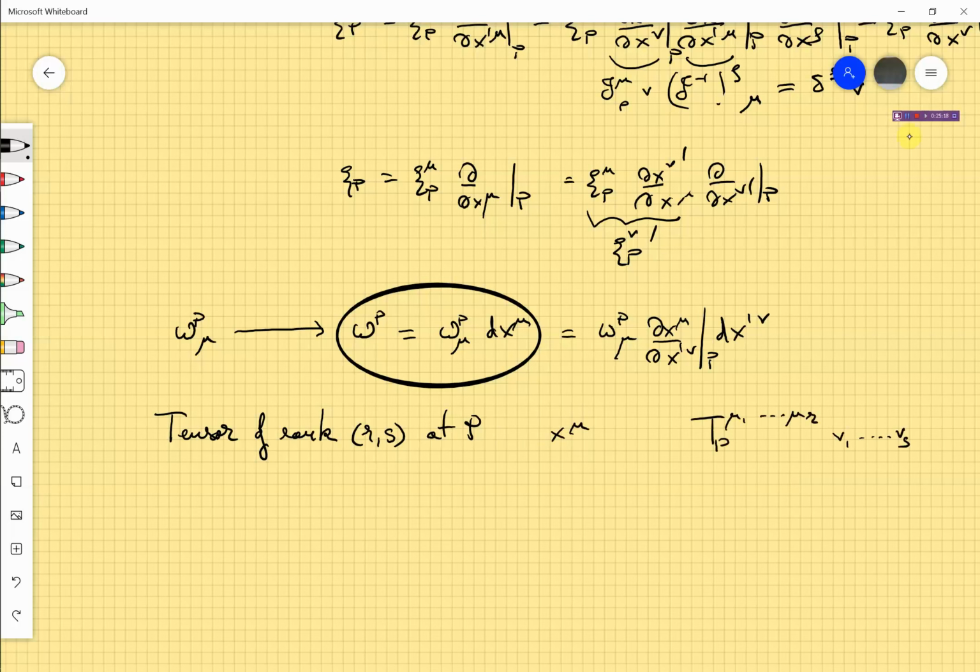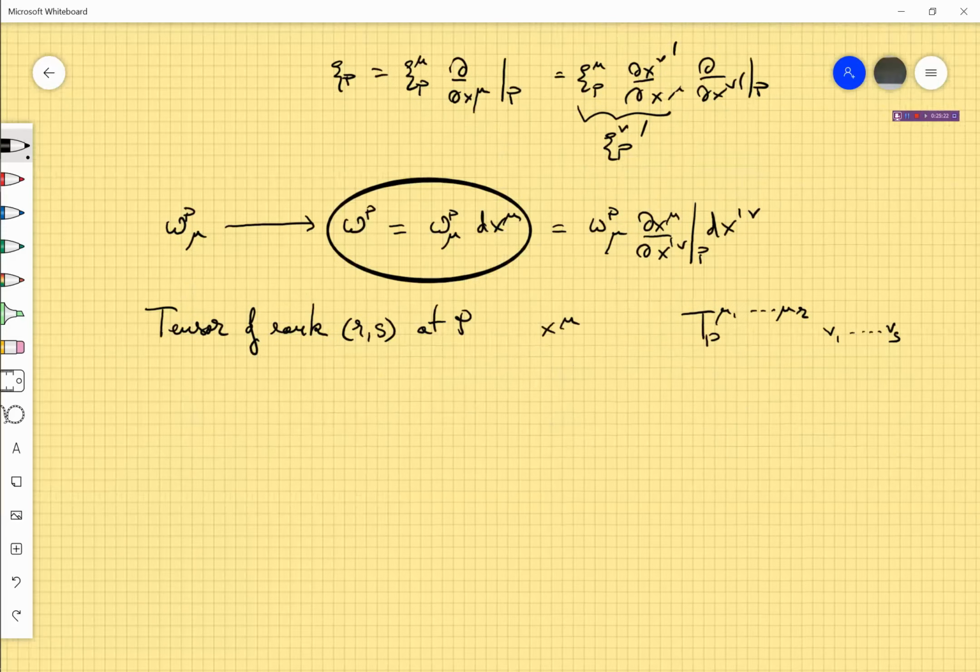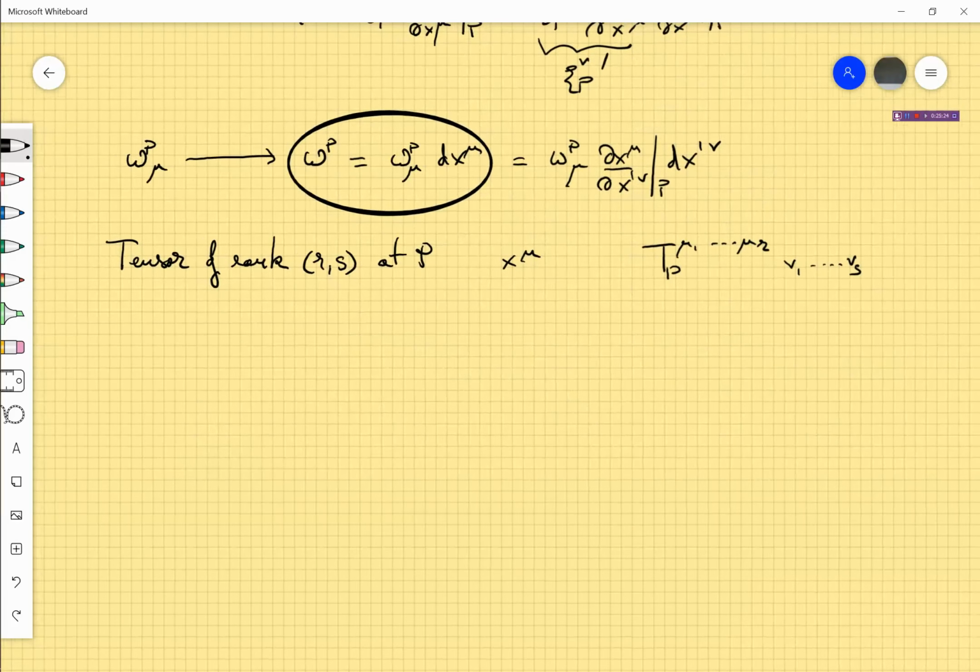So r contravariant indices and s covariant indices. So what does this mean? It means that if you go to the prime coordinate system, this object will transform in this way, and I have to write this here because new one, new s.